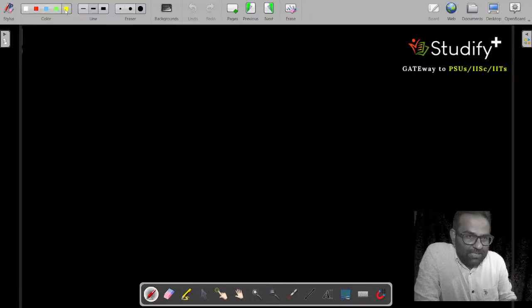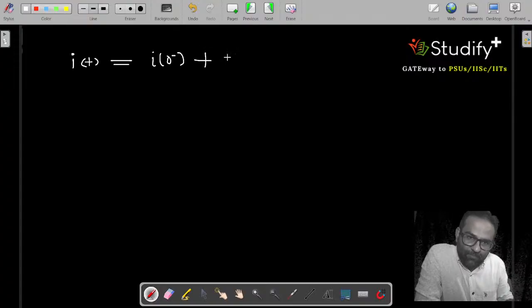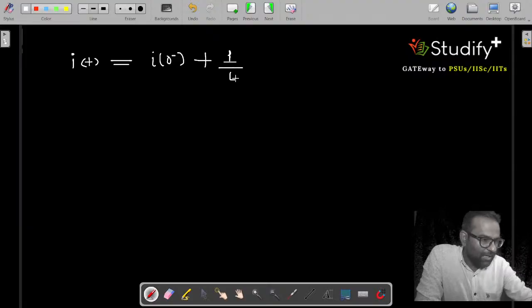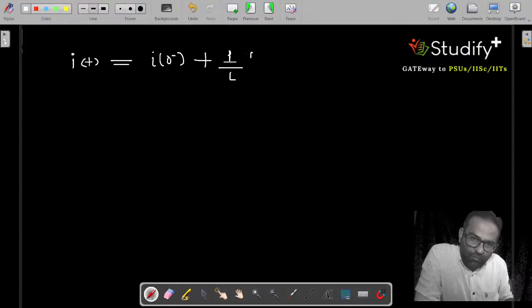So i(t) can be written as i(0-) plus 1/L times the integral from 0 to t of v_L(t) dt.